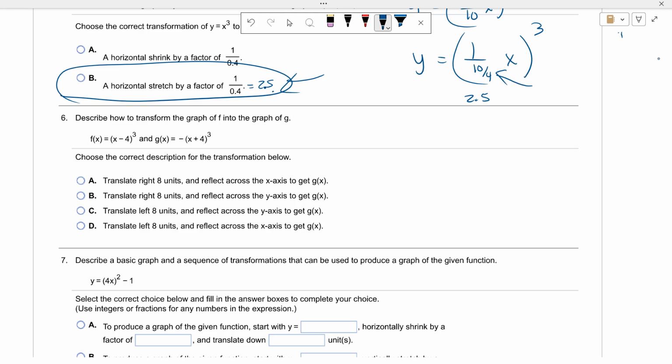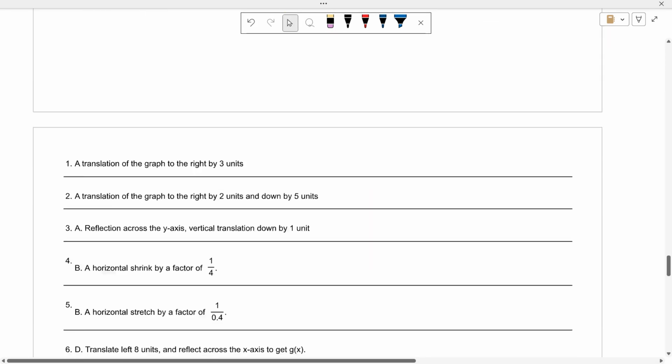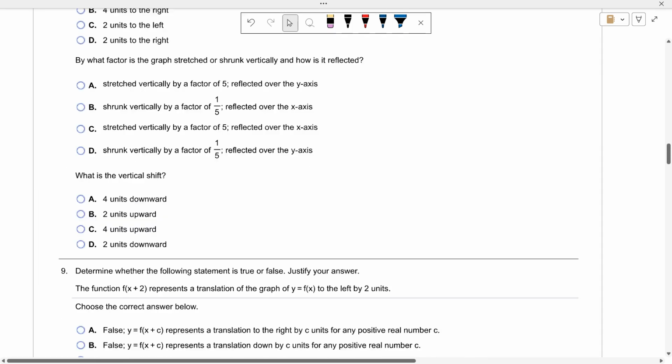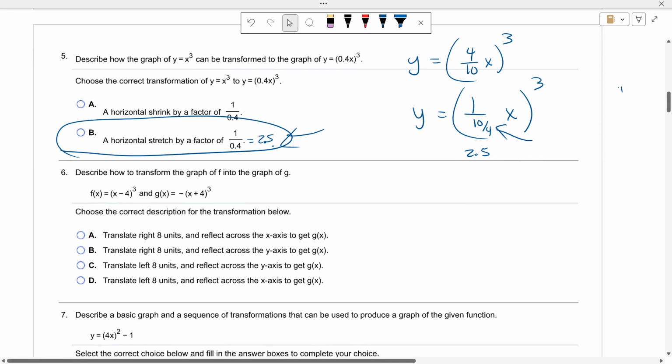That's what I was taught when I was a young lad, is to make sure 1 is on top. We'll see if I'm right. Horizontal stretch, because it stretches it out 2.5 times.